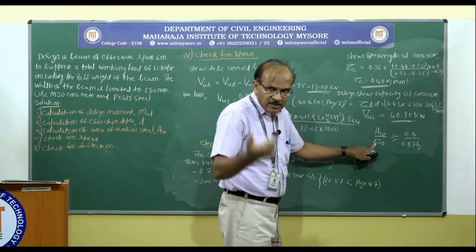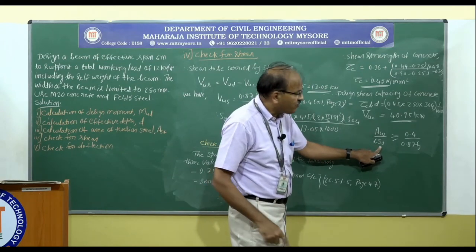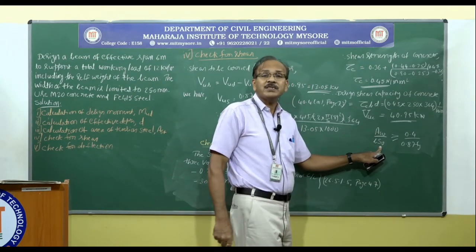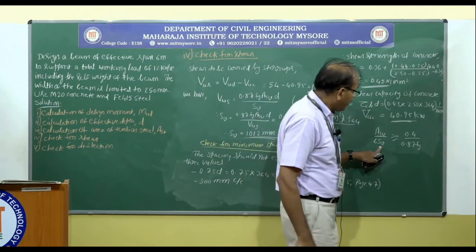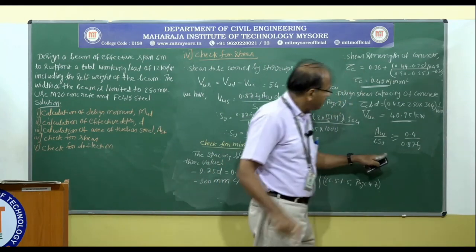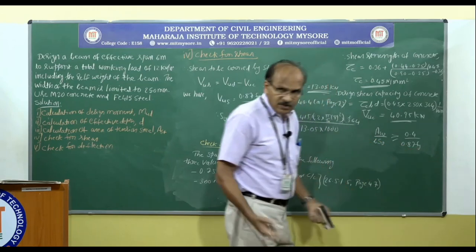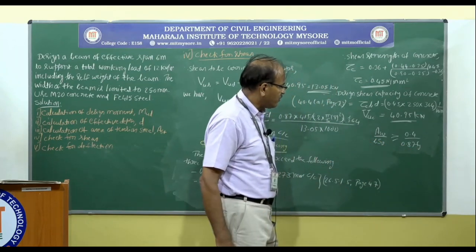So B is the width 250 millimeter, SV is the maximum spacing, or the spacing, and Fy is of course 450 Newton per millimeter square.